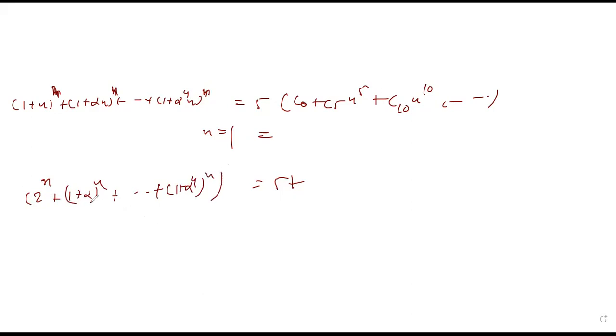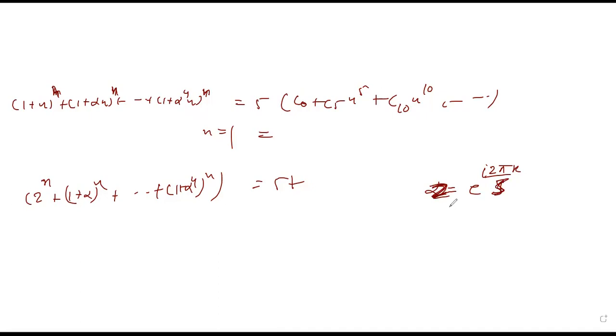Now the question is how to find the alpha. Alpha is e raised to the power iota 2k pi by 5. I'm sorry, 5.